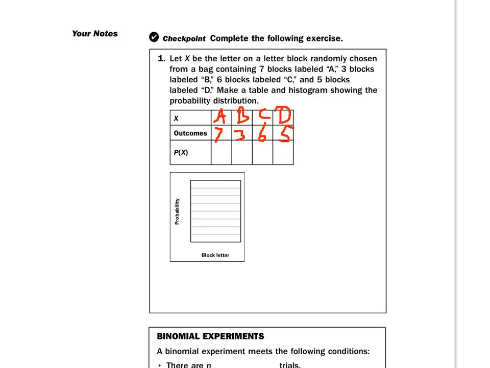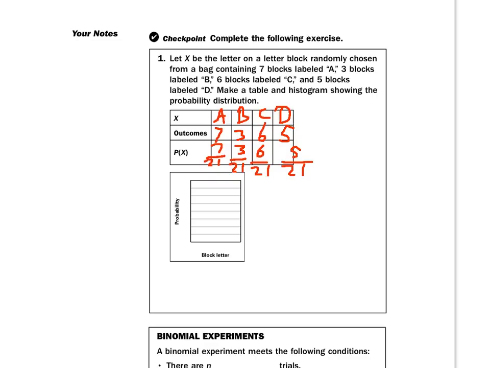Now there were 21 blocks total, so my probability was 7 out of 21, which is 1/3, 3 out of 21, which is 1/7, 6 out of 21, which reduces to 2/7, and 5 out of 21. So there were all my different possibilities, right?